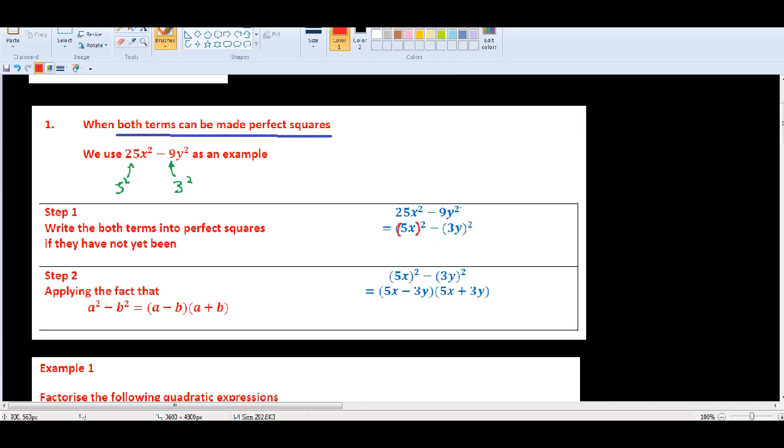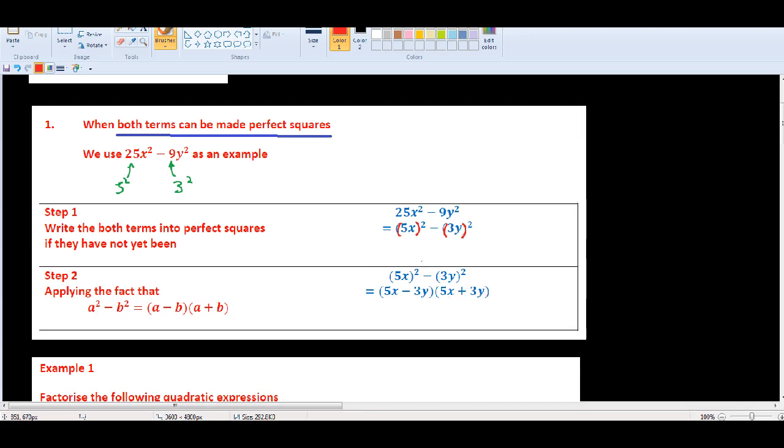For 9y squared, 9 is 3 squared, so you can rewrite that as bracket 3y squared. Now you have a square minus a square. We know that when it is a square minus a square, you got the product of the difference and the sum. So that's bracket 5x squared minus bracket 3y squared. You got 5x minus 3y times 5x plus 3y.